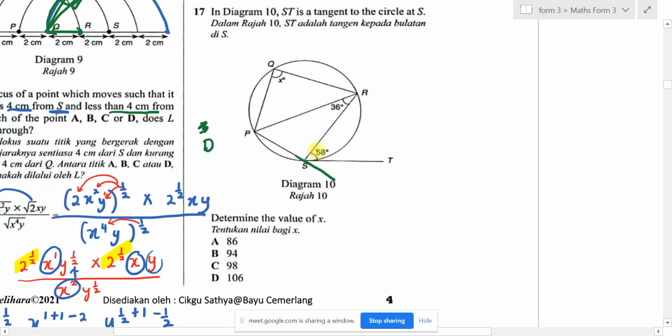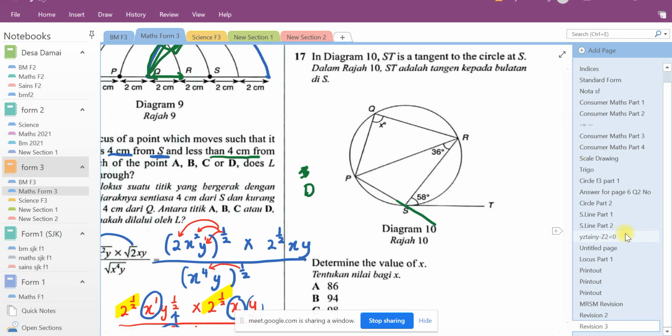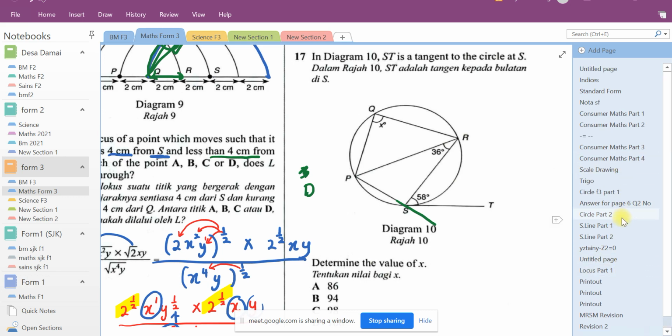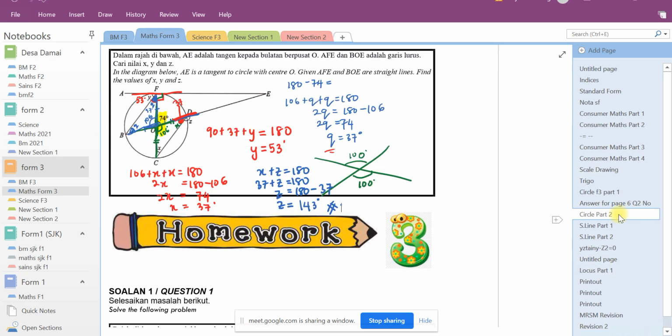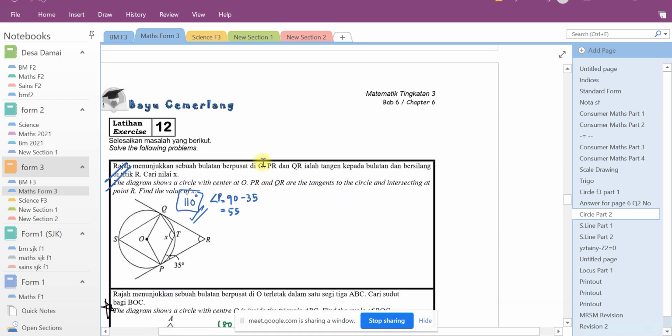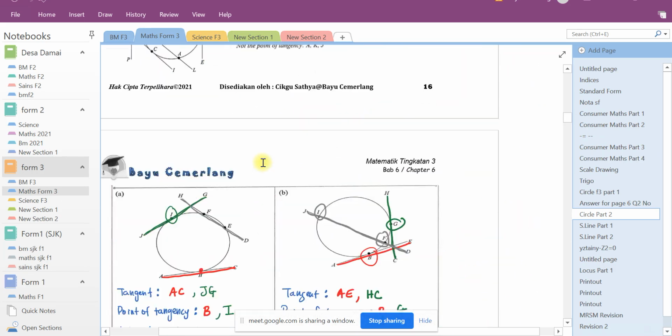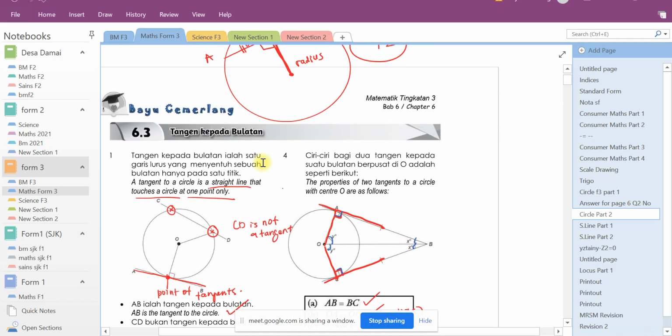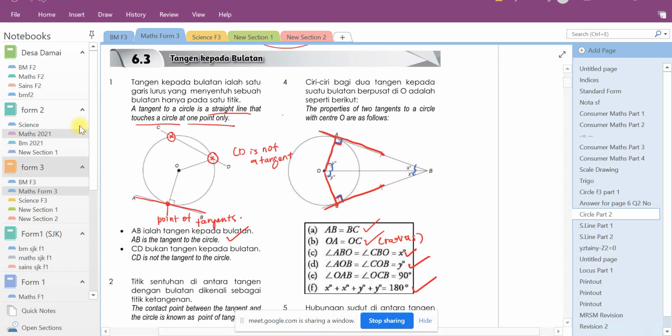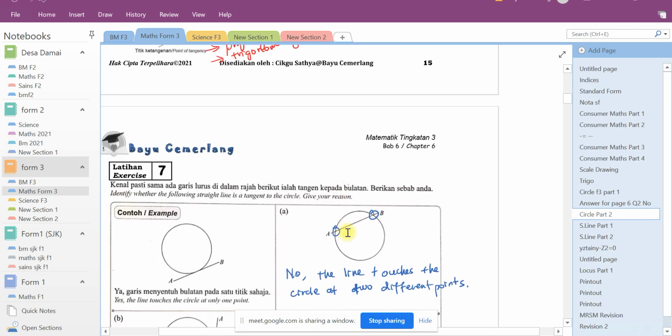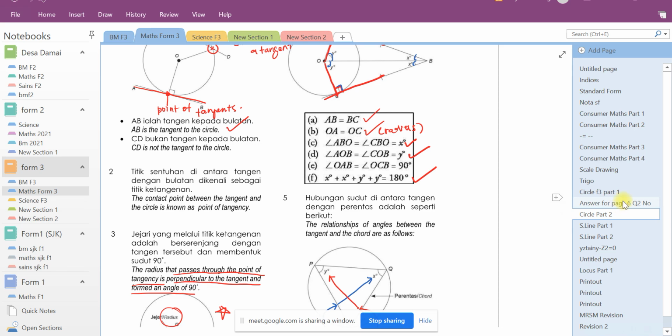Wait, I'm thinking what's the logic of this question. Let us see our previous notes on properties of circles. No worries. Do we miss something? This is a tangent. Tangent and radius make 90 degrees, but there is no radius given there.